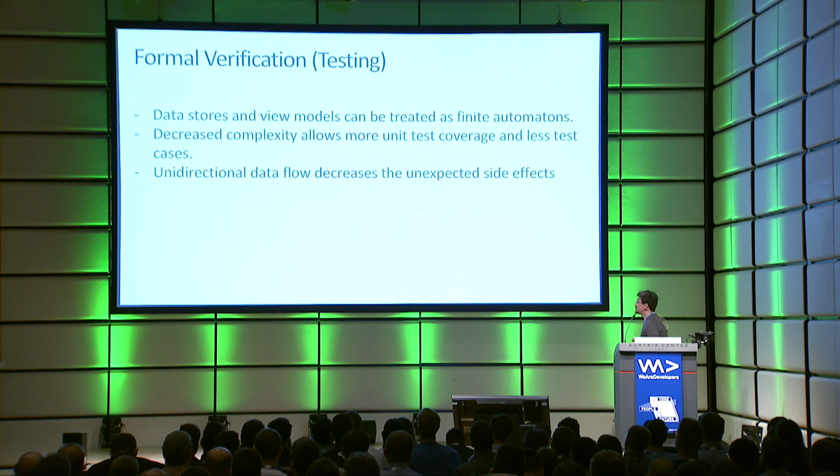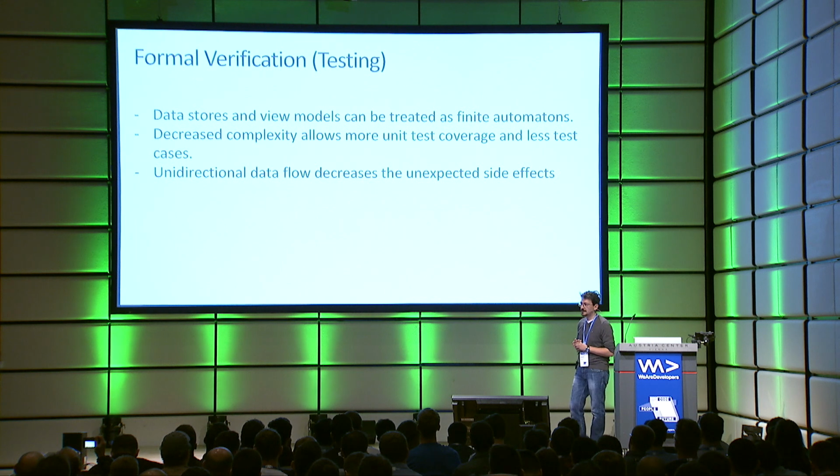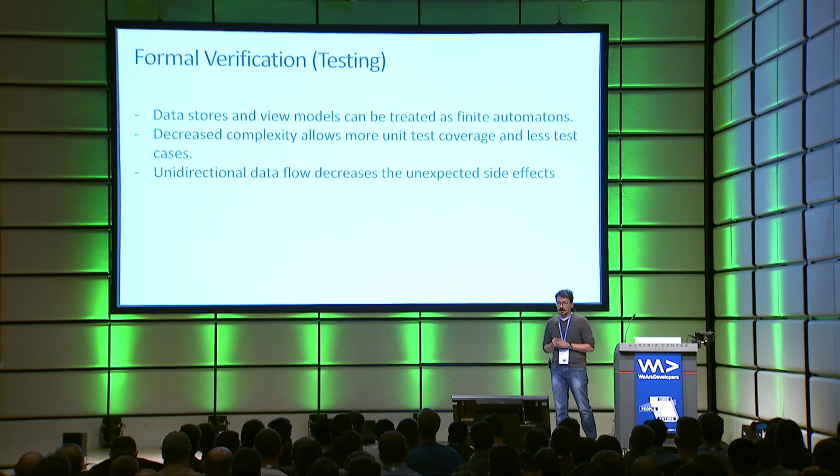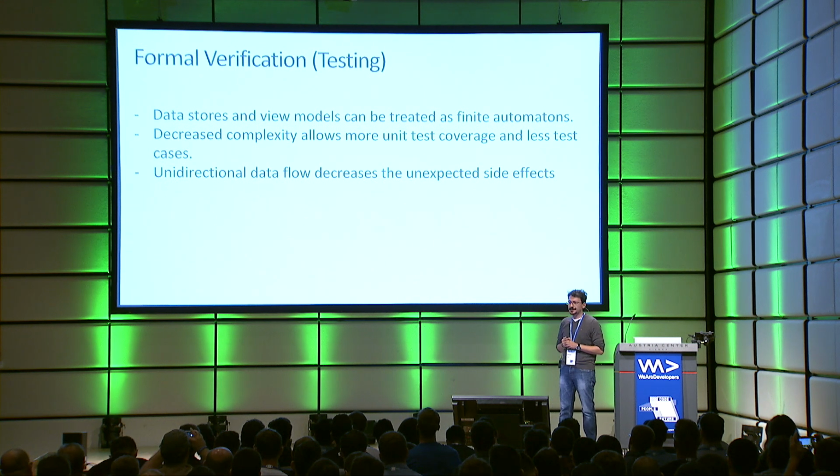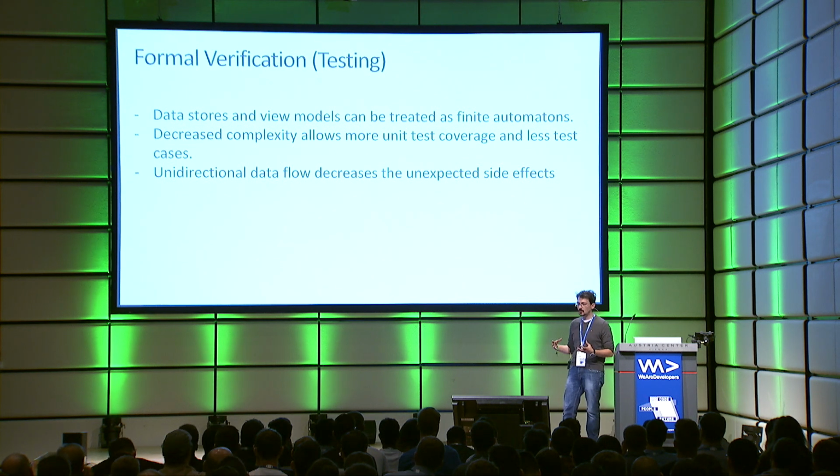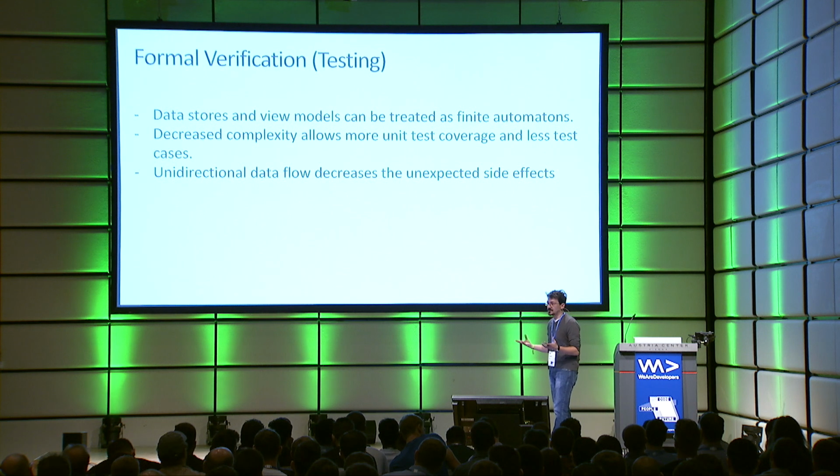Another thing, as I said, that Flux architecture brings in, like the added benefit, is the formal verification process. So the metric that defines the robustness or maintainability of an application, one of them at least, is the code coverage.